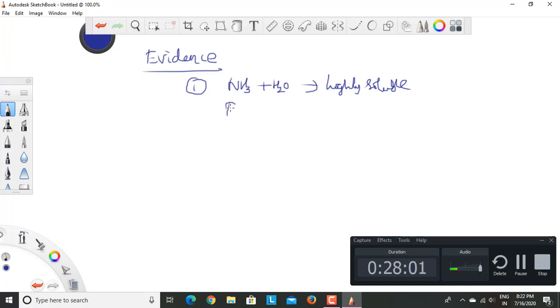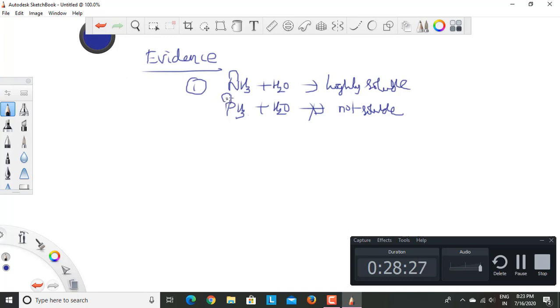Now you take PH3. If you add it with water at room temperature, it will not be soluble. This is explained on the basis of Drago's rule. How is it explained? In NH3, we have assumed the hybridization is there. In PH3, there is no hybridization.